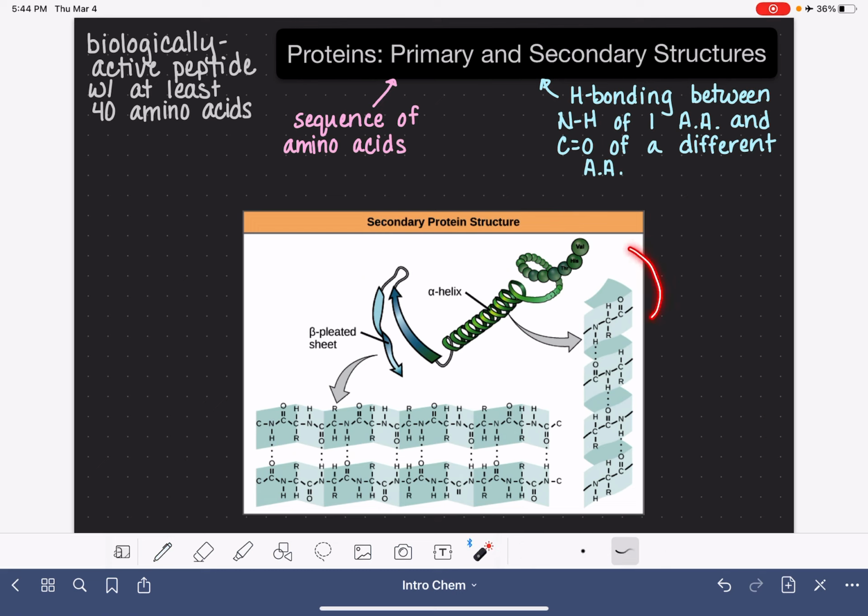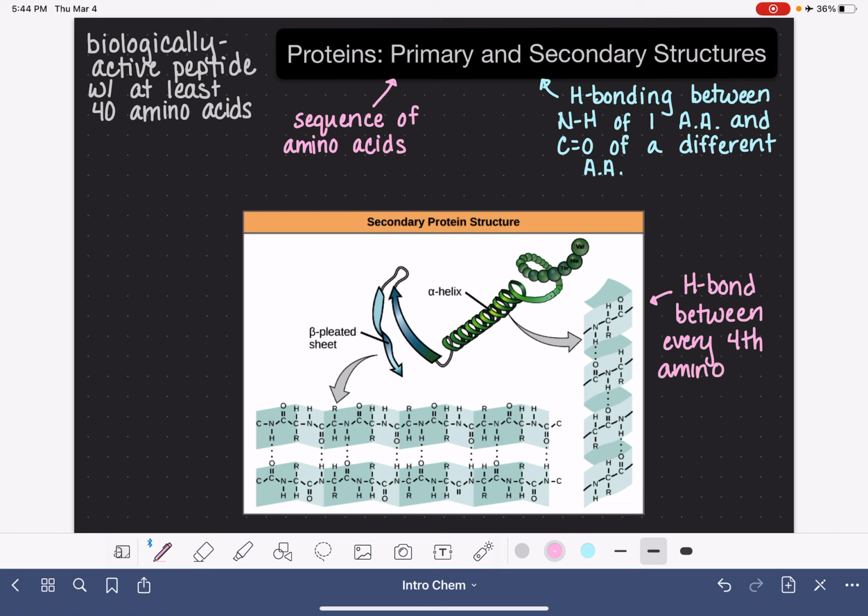So for example, one option, which we refer to as the alpha helix, arises due to hydrogen bonding taking place between every 4th amino acid.